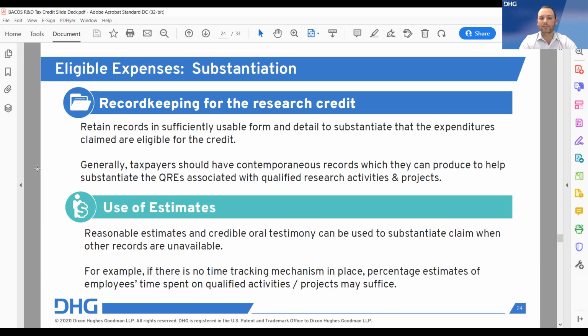And then there is a qualitative aspect that we'll get into in a few slides as well. And that's what helps really substantiate the activities, not so much the cost, but more so what employees and contractors were doing that made them eligible for this tax credit. And that's where we get into what's called contemporaneous records or contemporaneous documentation. This is very taxpayer specific.